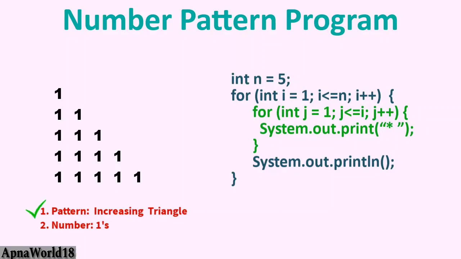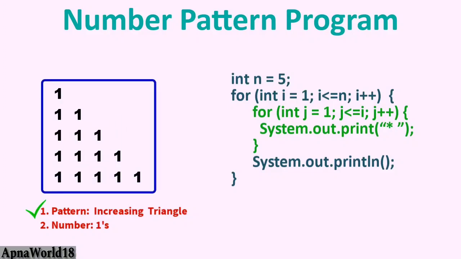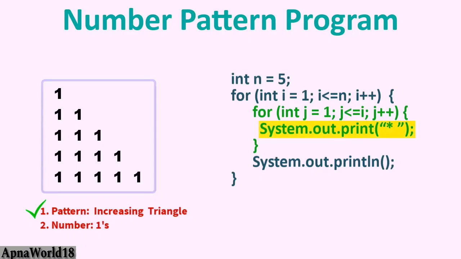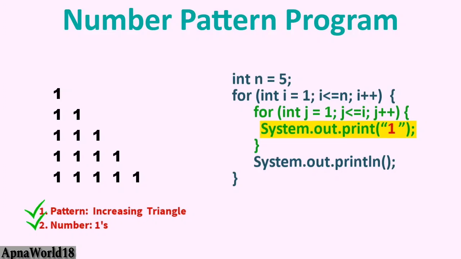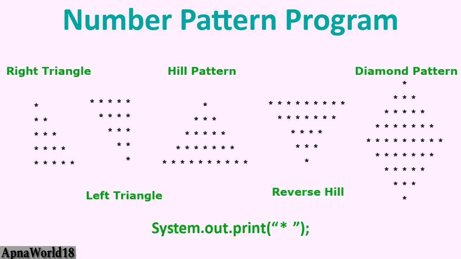Now we will come to numbers. We see this has a constant same number in the pattern, so the only change you need to do here is instead of star, print the number 1 which is there and you are ready with the pattern code. Now you do know different pattern programs from my star pattern program video.